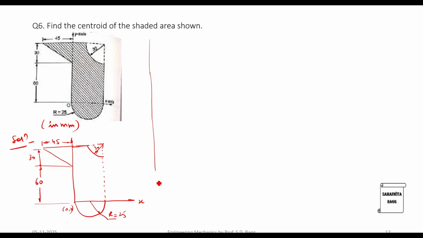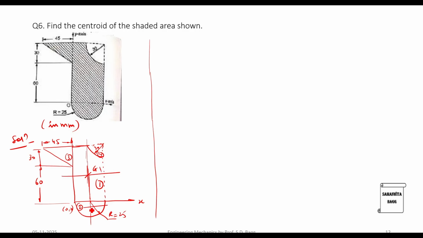Before making the table, the first thing that we are going to do is we are going to mark the bodies. We are going to take this rectangle as the first body. Then we'll have the semicircle as the second body. We have the right angle triangle as the third body. And this quarter circle as the fourth one. For this rectangle, centroid will be exactly at the half. So somewhere over here, this is my G1.